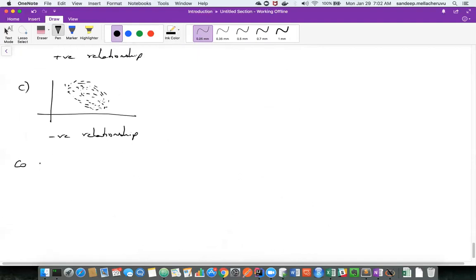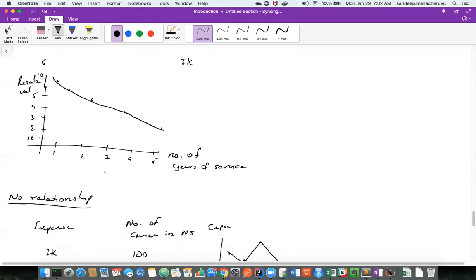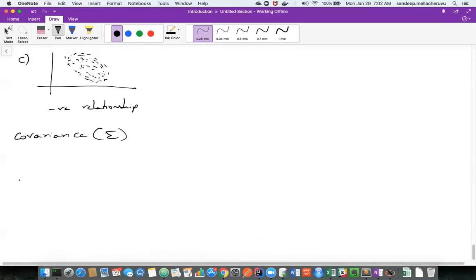The concept is covariance, and it is represented by sigma. Now what is covariance? Covariance is kind of a metric, more like your variance, which will show the strength of the relationship.